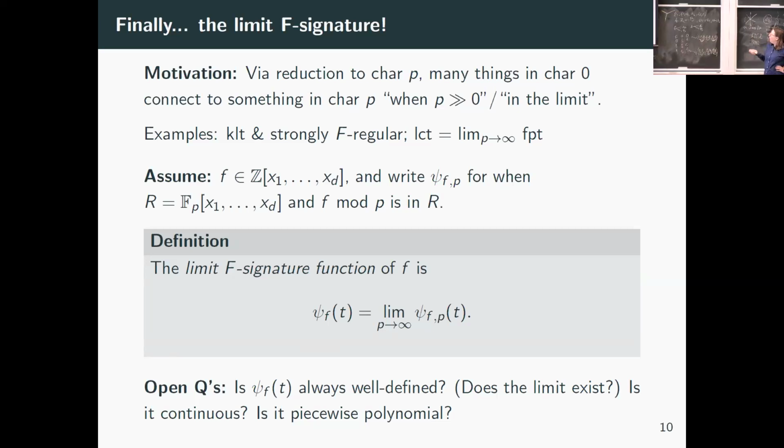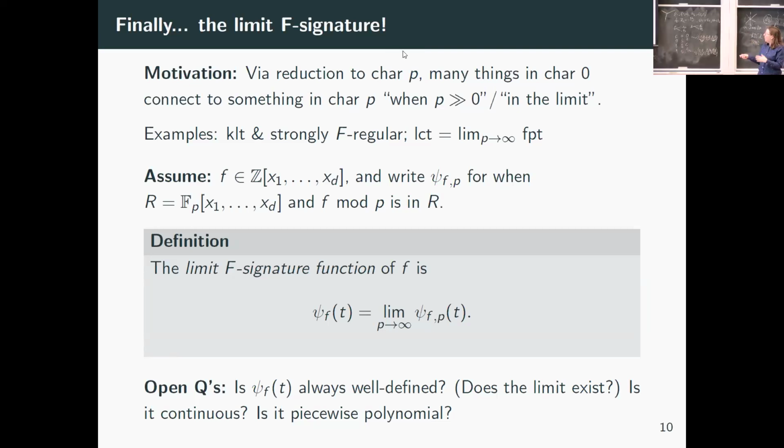And so there's this more general idea that if you have a polynomial with coefficients in the integers, I can then think of that polynomial in the polynomial ring over F_p, just by taking all of those coefficients mod p. And there's this vague sense, and there are concrete examples, in which you can have something in characteristic 0, take it mod p, and then maybe for large p, or in some limiting sense, you can connect some positive characteristic statement to some characteristic 0 statement.